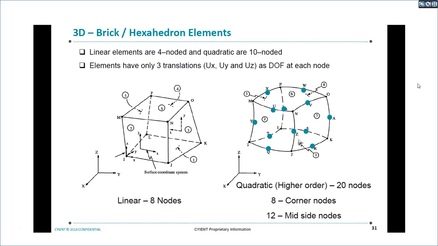So eight corner nodes and 12 mid-side nodes form a quadratic. We have three translations at each node, UX, UY, UZ. It's a 3D problem, so we have three translations, 3 degrees of freedom.